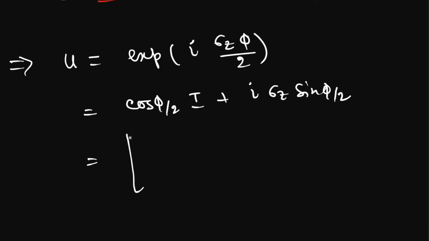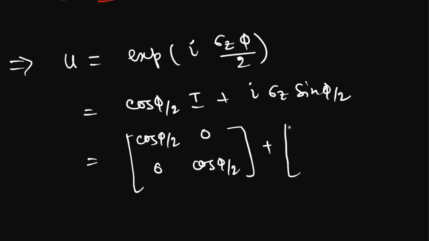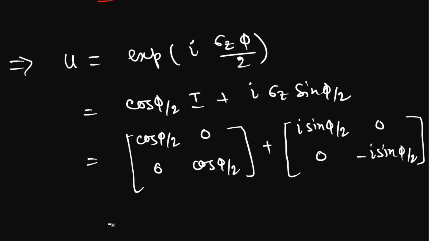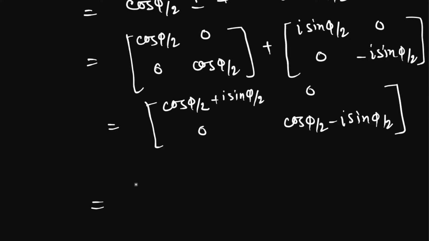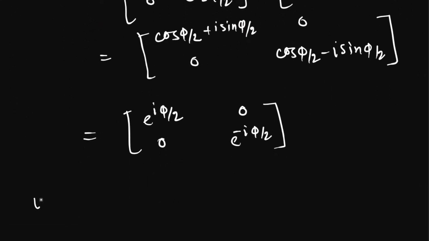That means cos phi by 2 0 0 cos phi by 2 plus i sine phi by 2 0 0 minus i sine phi by 2, which is equal to cos phi by 2 plus i sine phi by 2, 0, 0, cos phi by 2 minus i sine phi by 2, which is nothing but e to the power i phi by 2, 0, 0, e to the power minus i phi by 2.